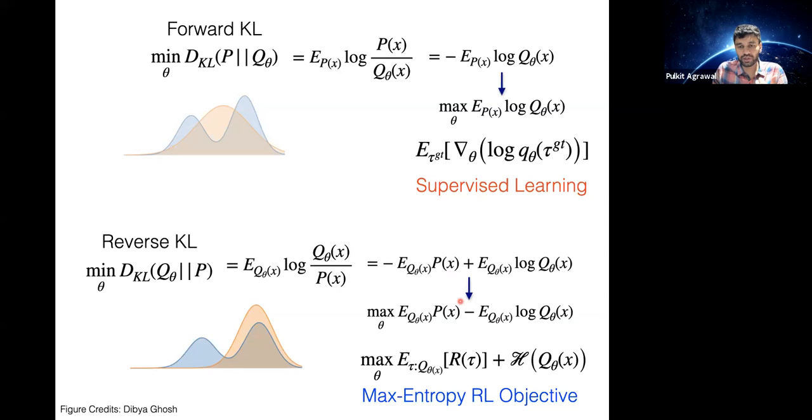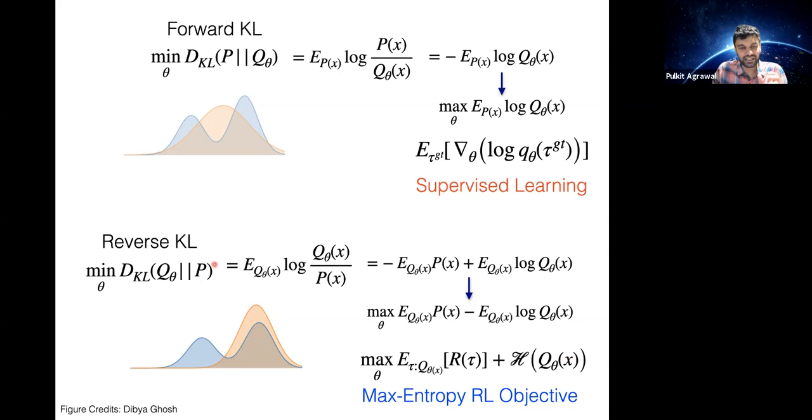Versus if you look at what the reverse KL looks like, just assume that I express p x as the reward, or r of t, and your q theta is your policy. Then it comes out to be that we are trying to maximize the sum of rewards plus an entropy penalty on my policy.